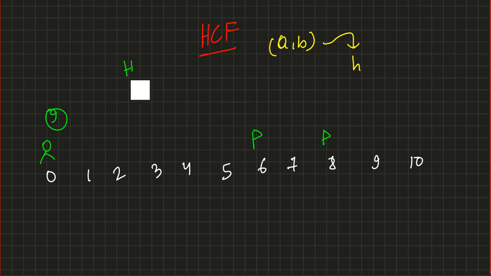Similarly, suppose you have the jumping capability of 7, then you will directly jump from 0 to 7 and you will skip this 6.